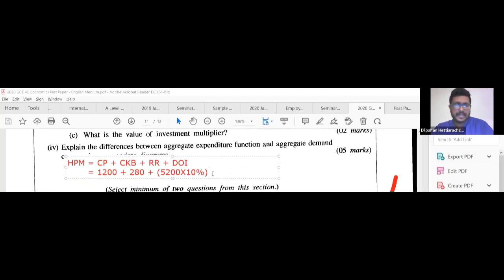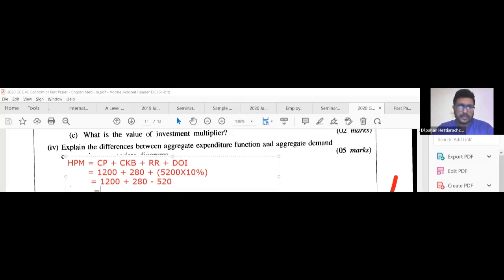And deposits of other institutions, do we have it? No, it's not mentioned. We have only 3 components. So then simply we can get the values. 5,200 into 10%, it's 520.